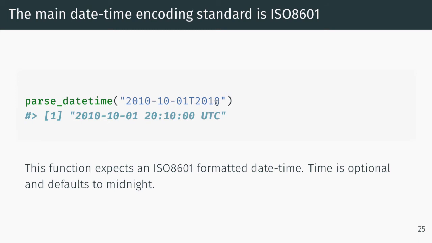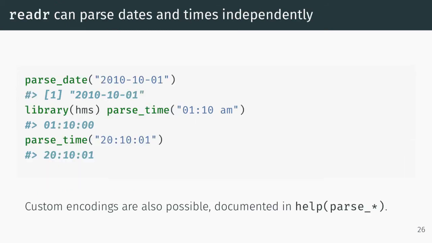Time is optional and it defaults to midnight, so we could just put 2010-10-01 and that would be enough. readr can parse dates and times independently, so in addition to parse date time, there's also a parse date and a parse time function, and this is from the library hms. I don't know, this should be on a separate line, I think. So you can see it parses time correctly.